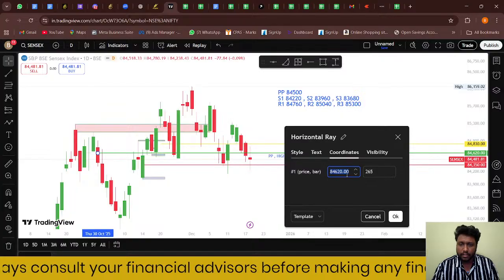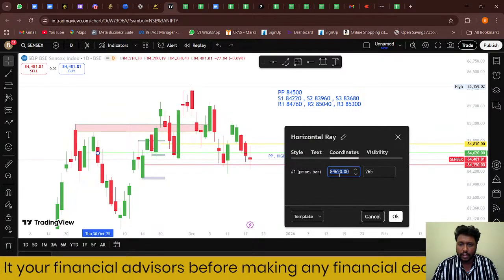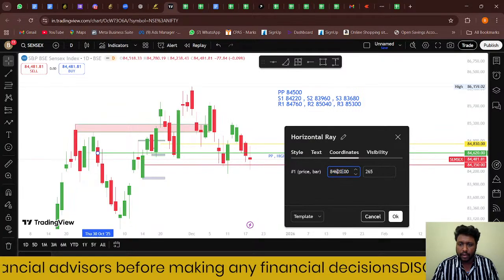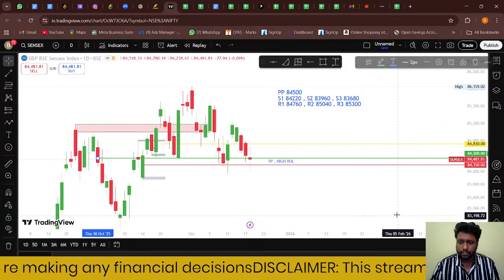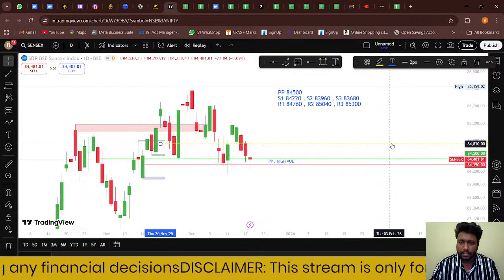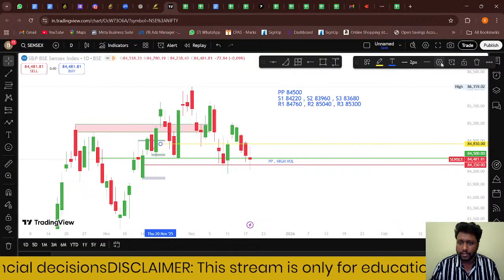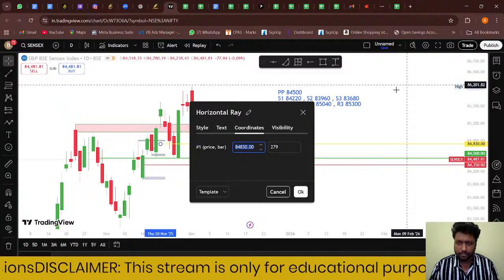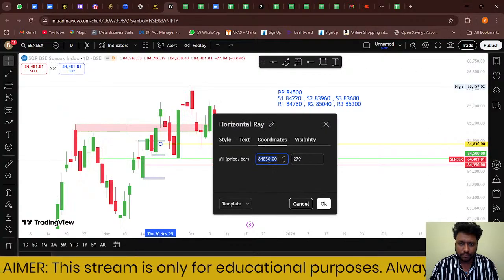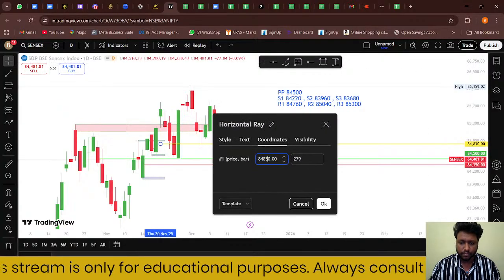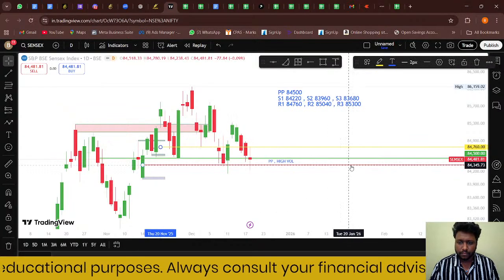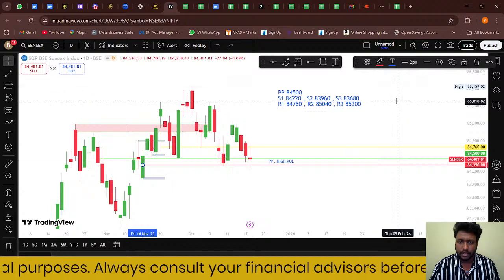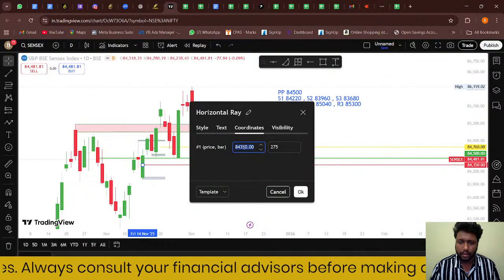So we'll mark these levels. The pivot line lies at 84,500, the first resistance is at 84,760, and the first support is at 84,220.